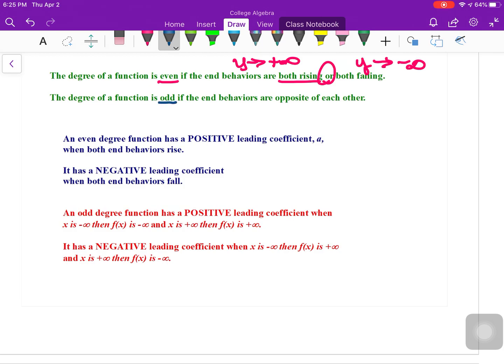When the degree is odd, the end behaviors are opposite. So as x went positive, y went positive, and when x went negative, y went negative. So in the end, they're different.